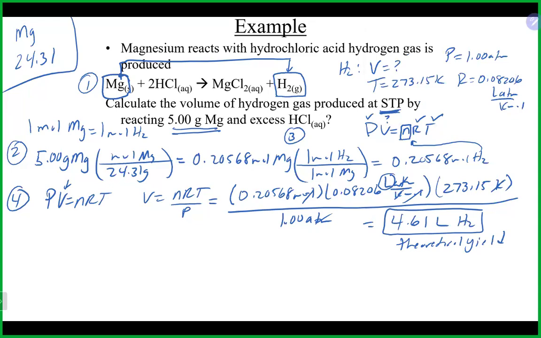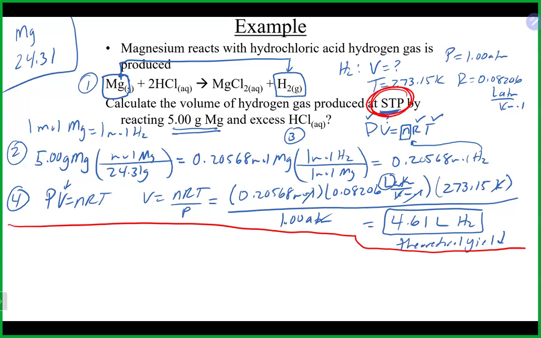Now, if we recognized we were at STP conditions in this particular problem, we could have used that relationship we saw earlier, that 1 mole of any gas equals 22.414 liters.